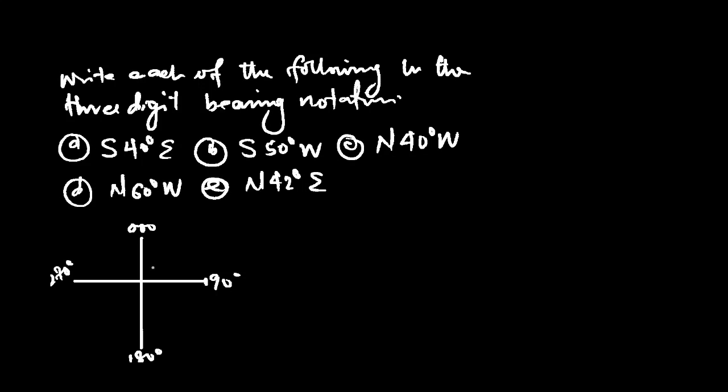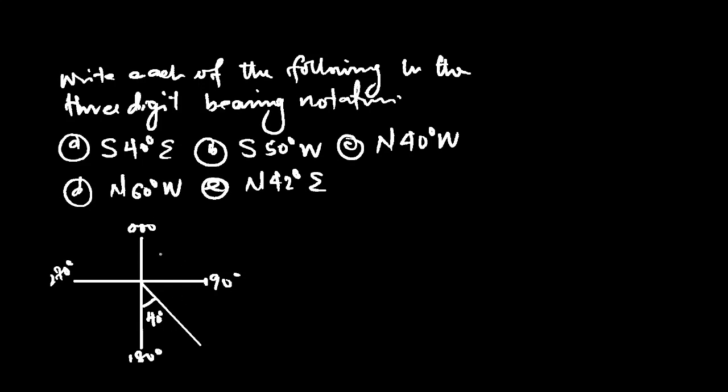Since 3-digit bearing is always clockwise from the north, this is the north pole, right? So we have south 40 degree east. South 40 degree east means here in a compass bearing. In a compass bearing, it means you read what? 40 degree in anti-clockwise direction. Are you following now? That's what south 40 degree east means. You are reading 40 degree from south in an anti-clockwise direction.